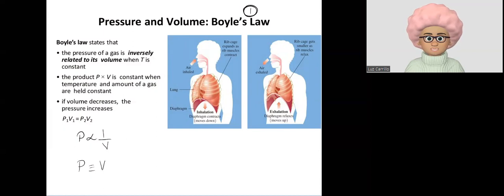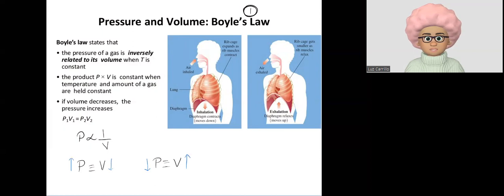What happens overall is that if in a system the pressure of a gas increases, the volume is going to decrease. And vice versa. In a system where pressure specifically goes down, the volume is going to go up.